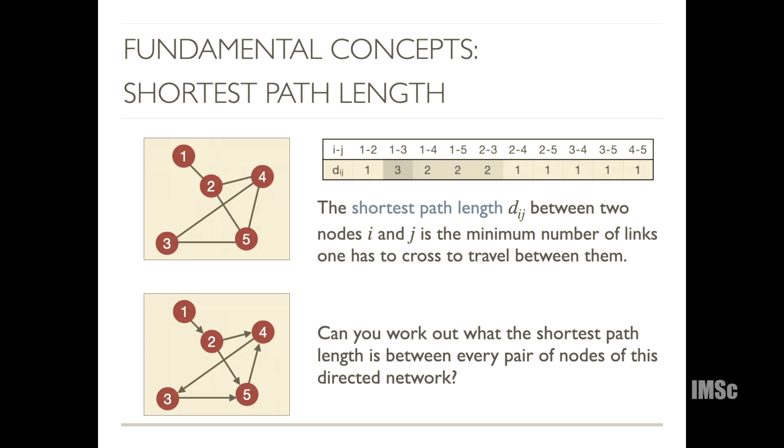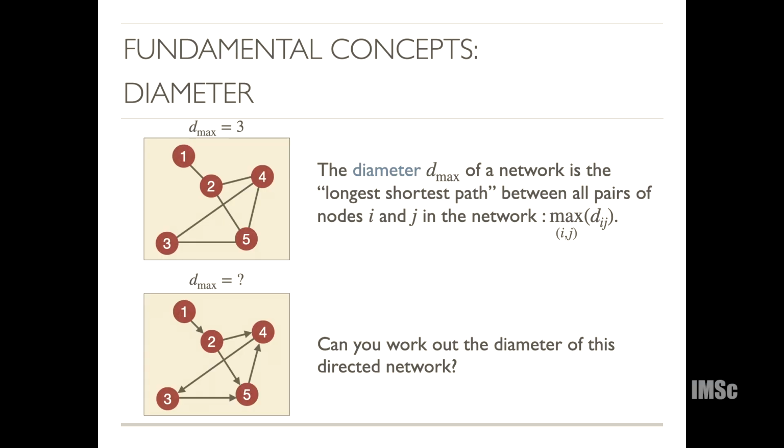And the shortest path length is the shortest path that exists between two nodes, because you can have many paths. From 1 to 3 there's a bunch of different ways that you can go, but the shortest path is the shortest way that you can do that. And of course, one can compute this for every pair of nodes in the network, and the diameter is basically the longest shortest path, right?